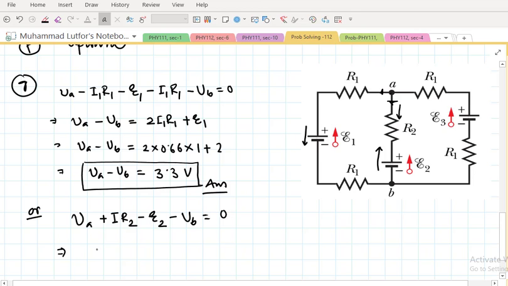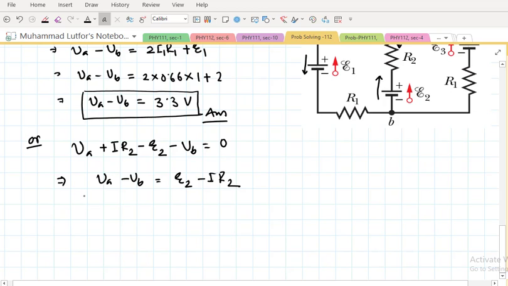Now we can simplify. VA minus VB would be E2 minus I R2. So VA minus VB is E2, which is 4, minus I, the net current through that branch, which is 0.33, times R2, which is 2 ohm.